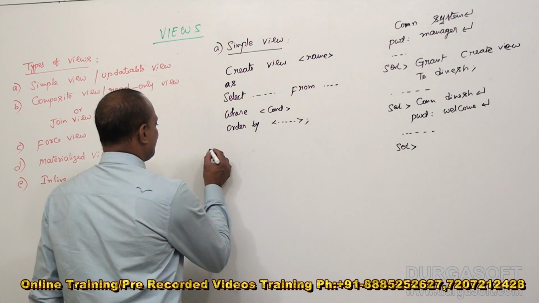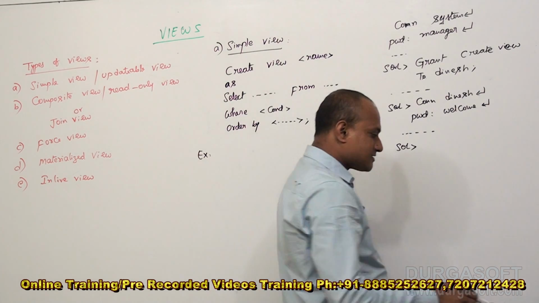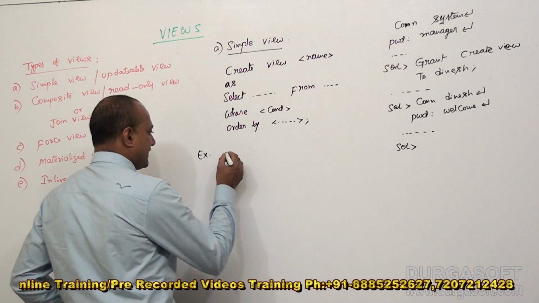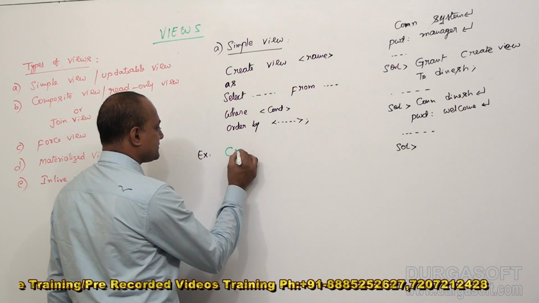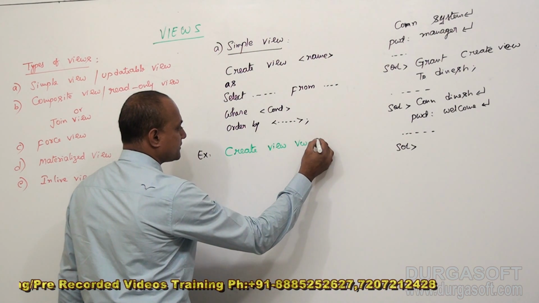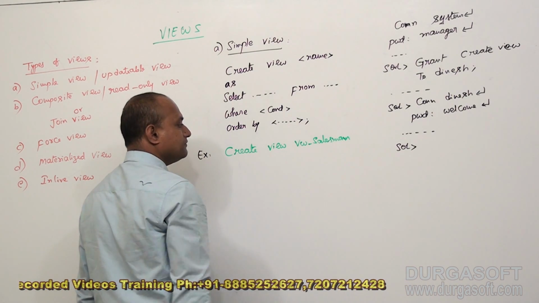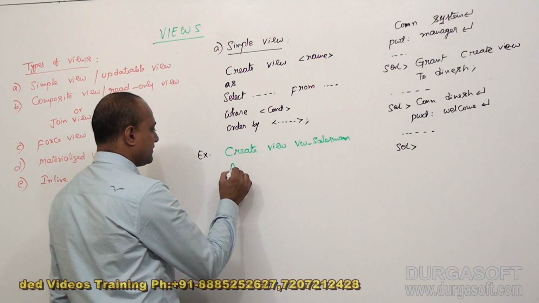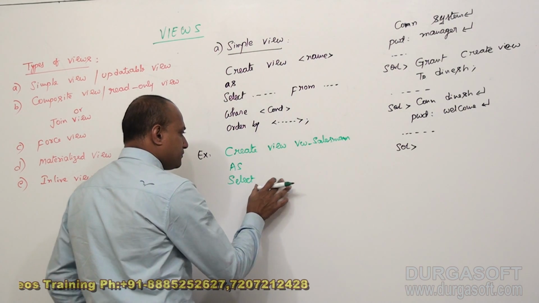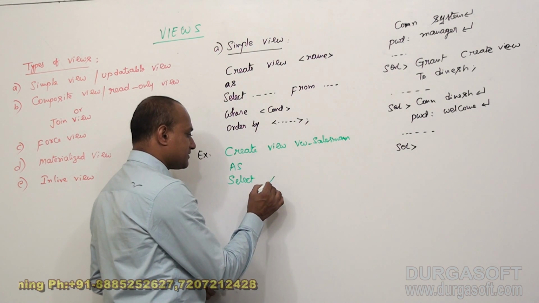Let me write the example. I am creating a view based on salesman data. Always I am requesting salesman data. How do I create? Create view VW underscore salesman. What is my view name? VW underscore salesman. As, write the select query. Select. If you want to select complete details of salesman, use star.